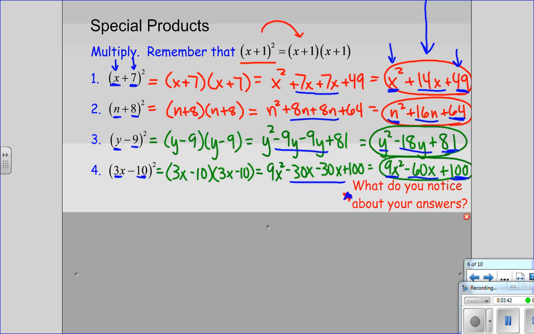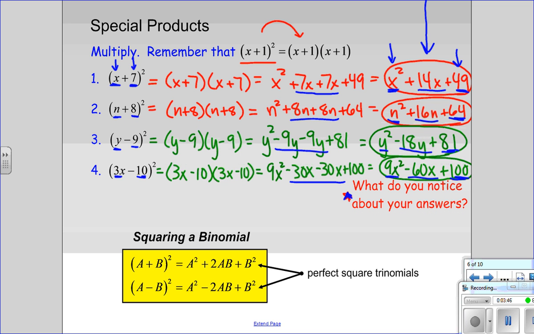So if this pattern exists, we can express a rule for this pattern. And that rule is, if you have a binomial squared, the first term in your product is your first term squared. The second term is twice your first and your second term multiplied together. And the third term of the trinomial, that's your product, is the last term squared.